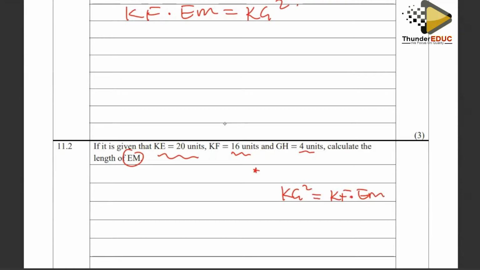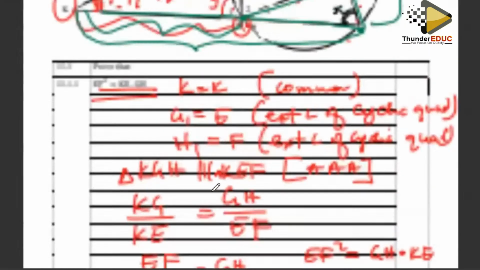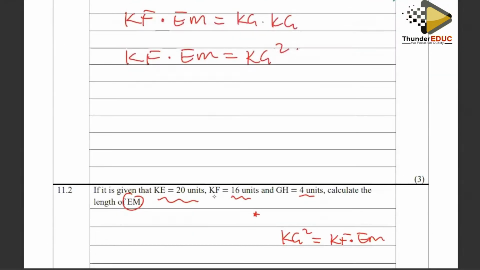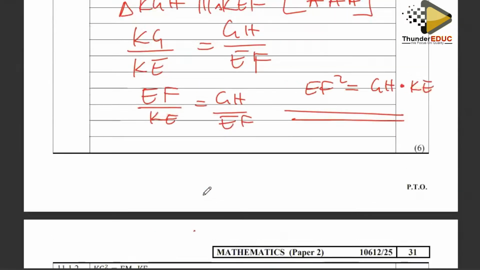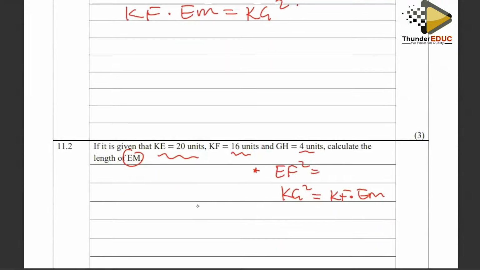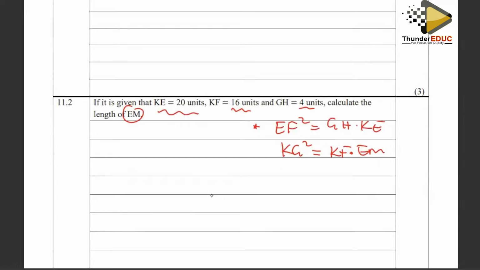And then the first one was telling us that EF squared is the same as GH and KE. Now, what do the two have in common? EF is the same as KG, so either way.